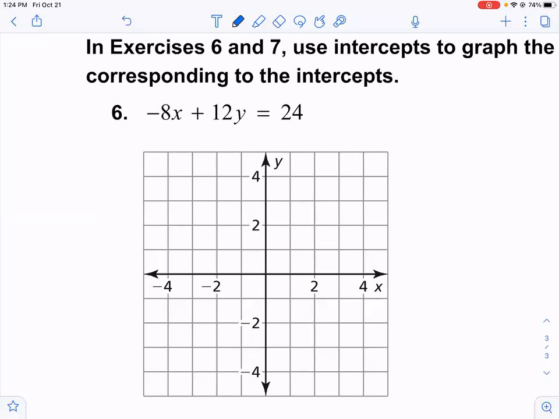It says use intercepts to graph this line. So this is the line that we want to graph. Now, instead of making an xy chart like we did for our quiz, we are going to find the x-intercept and the y-intercept.